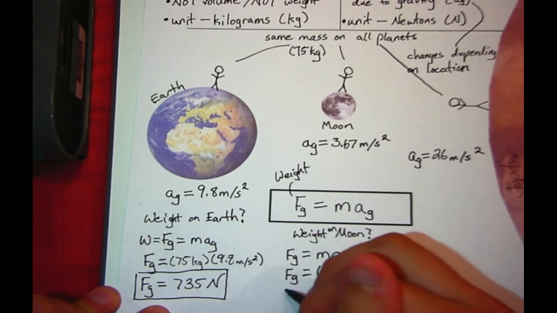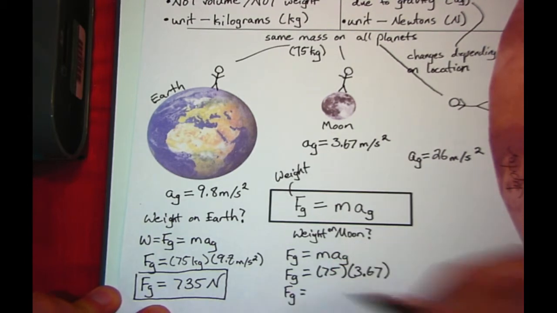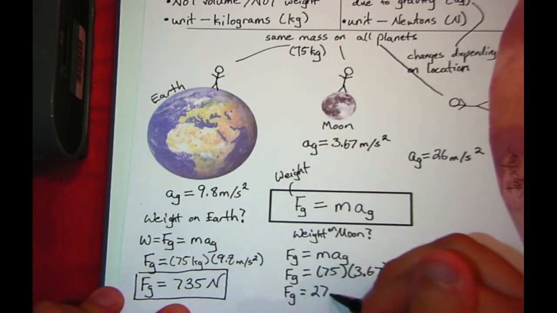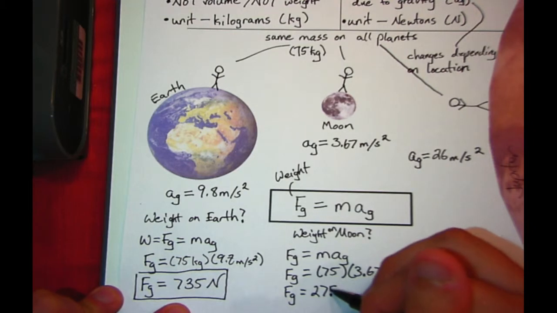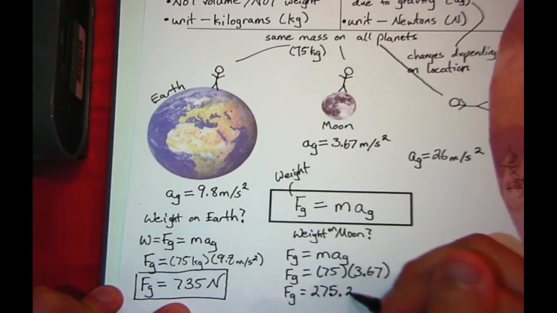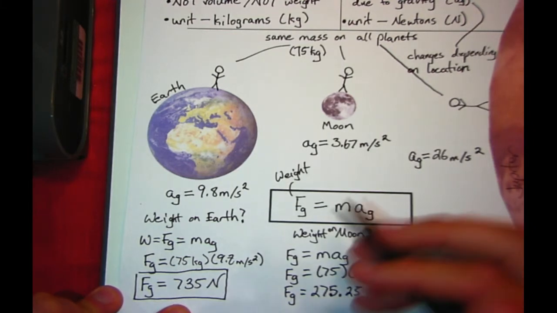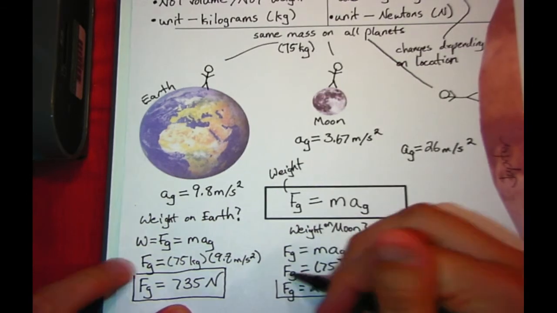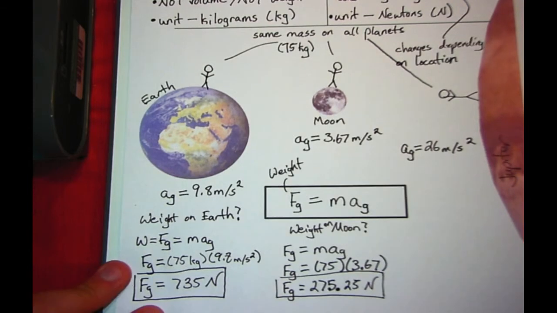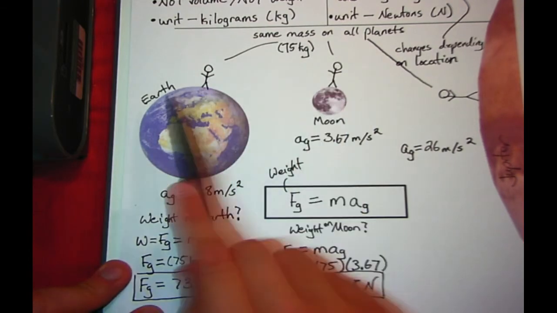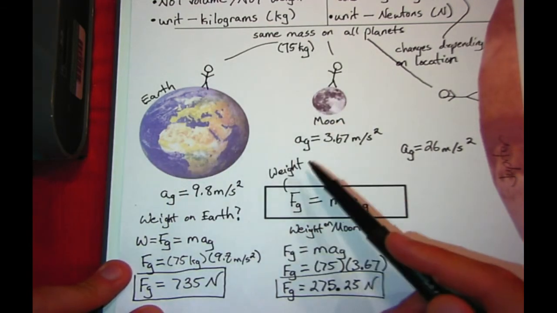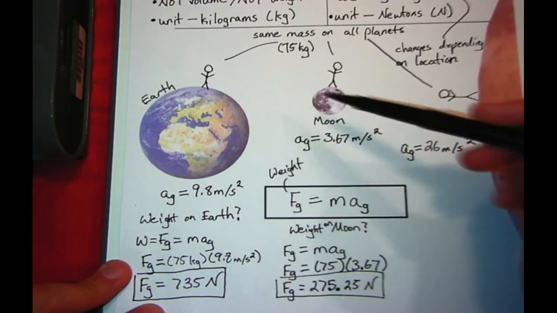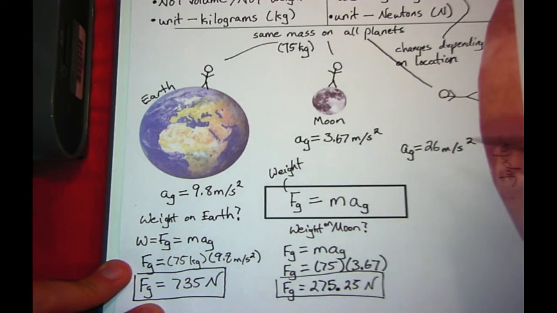When we multiply these numbers together, we're going to get that the person's weight on the Moon is going to be 275.25 newtons. So remember, our person's mass is not going to change, but his weight, the force of gravity pushing down on him, will, depending on the acceleration due to gravity on each planet.